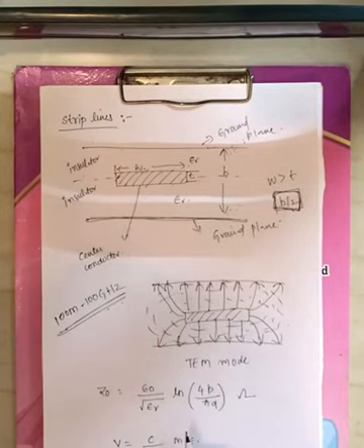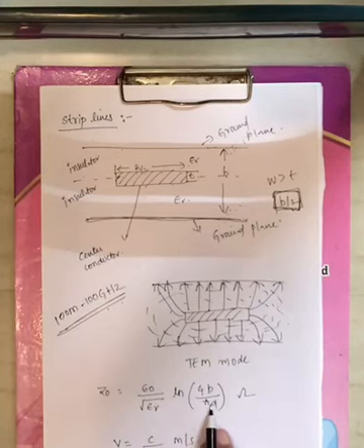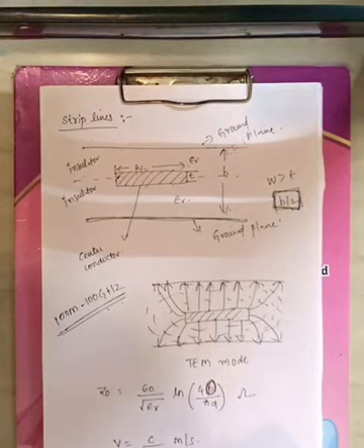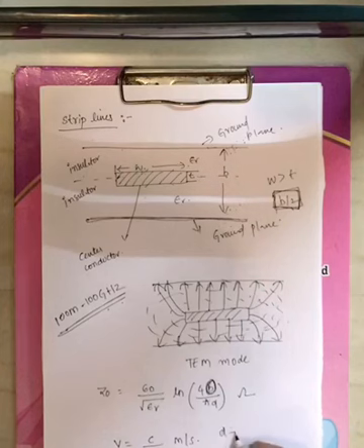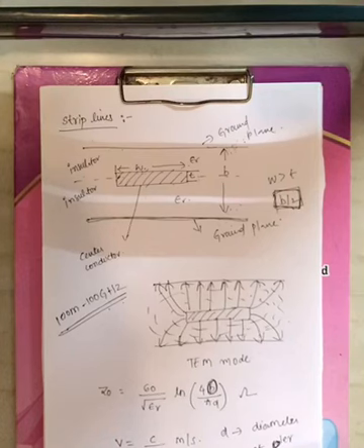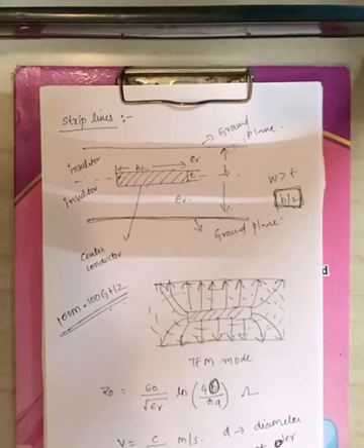And the characteristic impedance expression is given by 60 by root of epsilon r, ln of 4b by pi d. Now b is nothing but the distance between these two ground planes, and d is nothing but the diameter of the circular conductor that is equivalent to the rectangular conductor of a strip line, right?